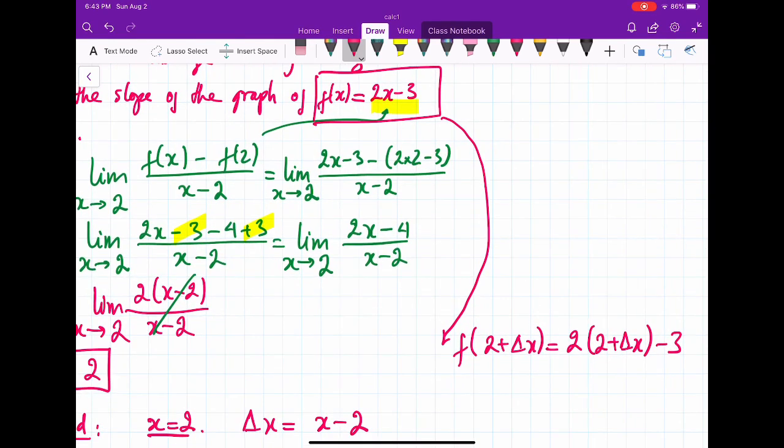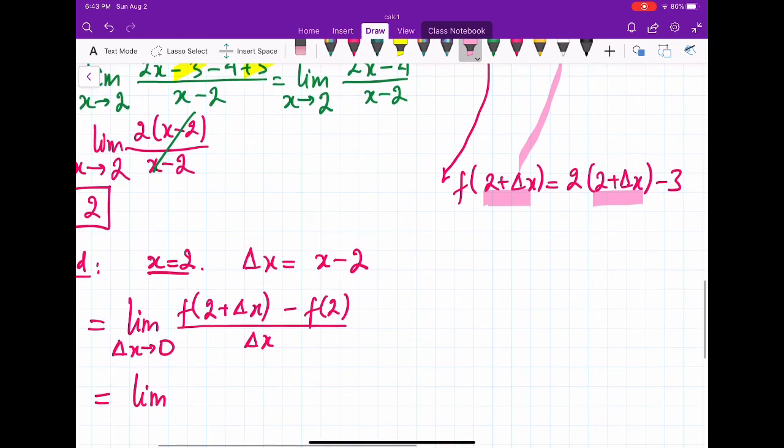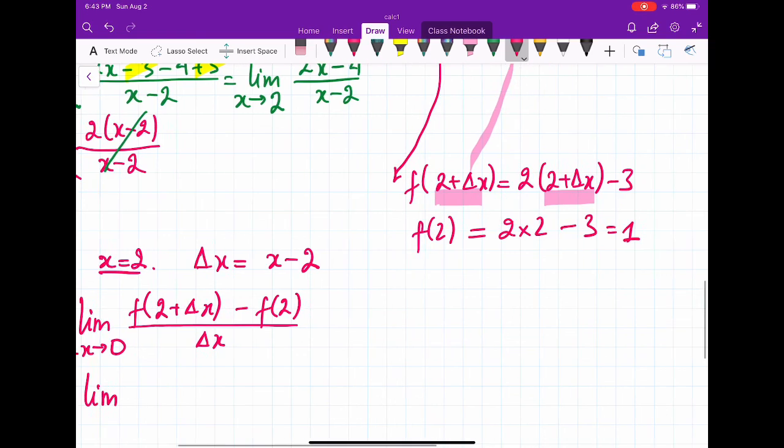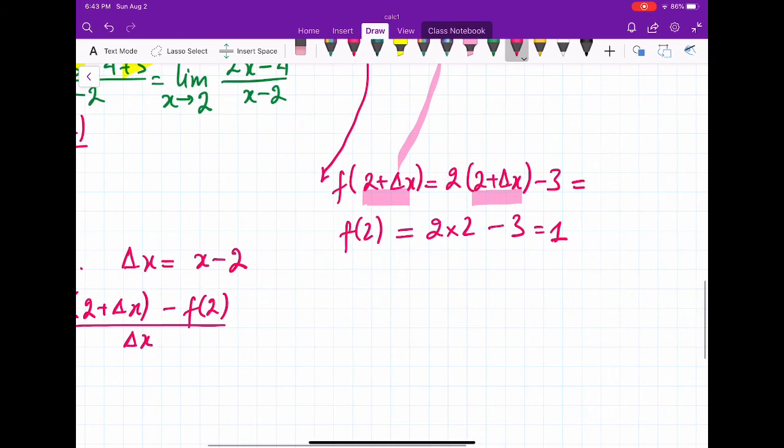You just plug 2 plus delta x into the function, meaning instead of x, you have 2 plus delta x. Does that make sense? And then f of 2 is 2 times 2 minus 3, and that is 1. I simplify this and get 2 delta x minus 1.